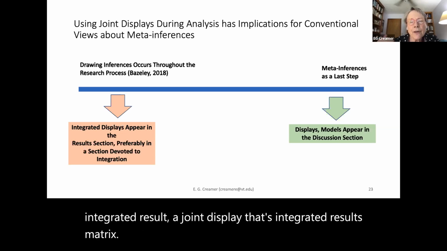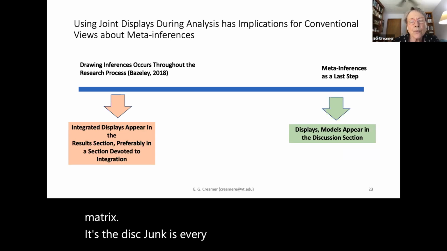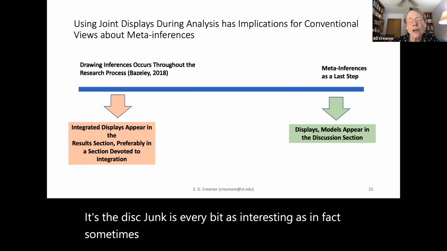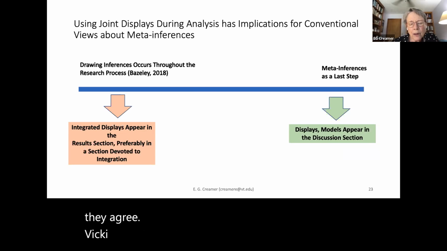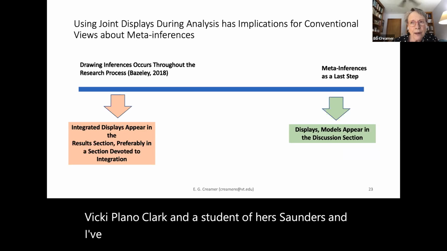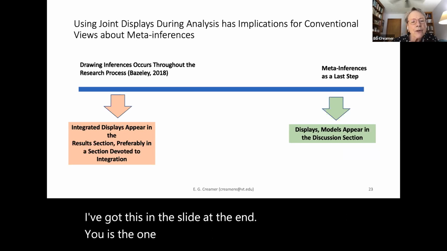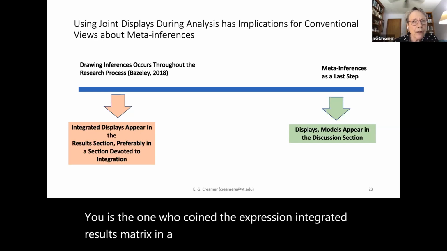The disjunct is every bit as interesting as, in fact sometimes theoretically more significant than, where they agree. Vicki Plano Clark and a student of hers, Saunders, and I've got this in the slide at the end, is the one who coined the expression integrated results matrix in a publication in 2015.